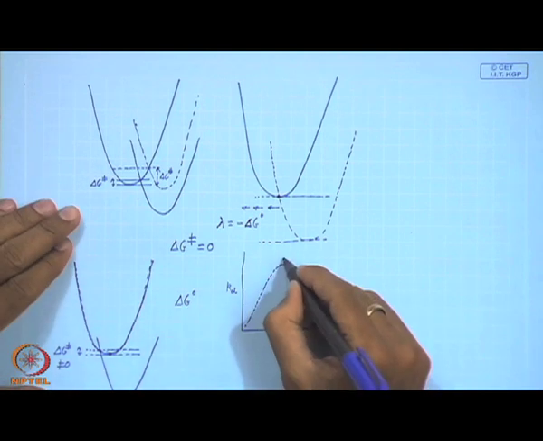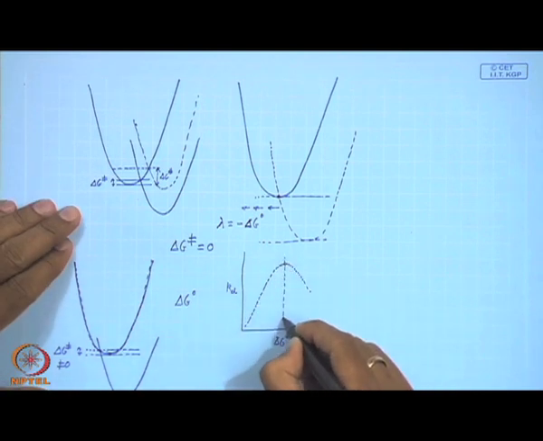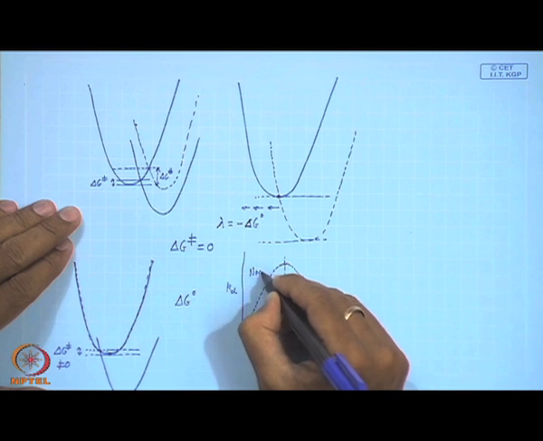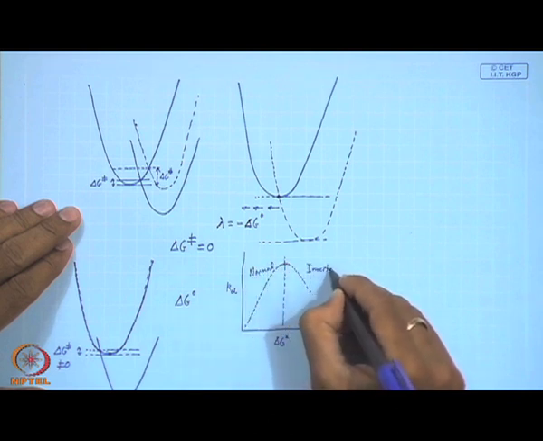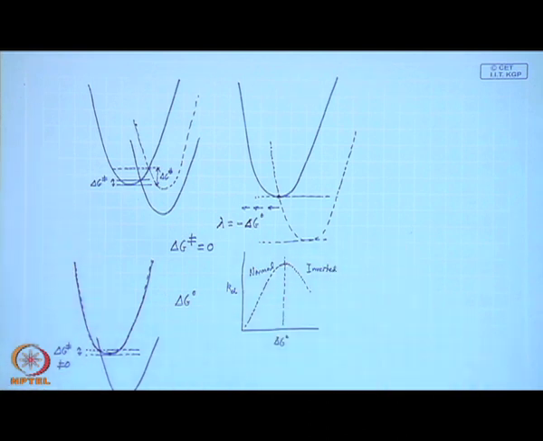So, this is your normal region, and this is inverted region, which you cannot simply understand why this should be there. Okay. So, classically the rate of any reaction is expected to increase with the driving force.